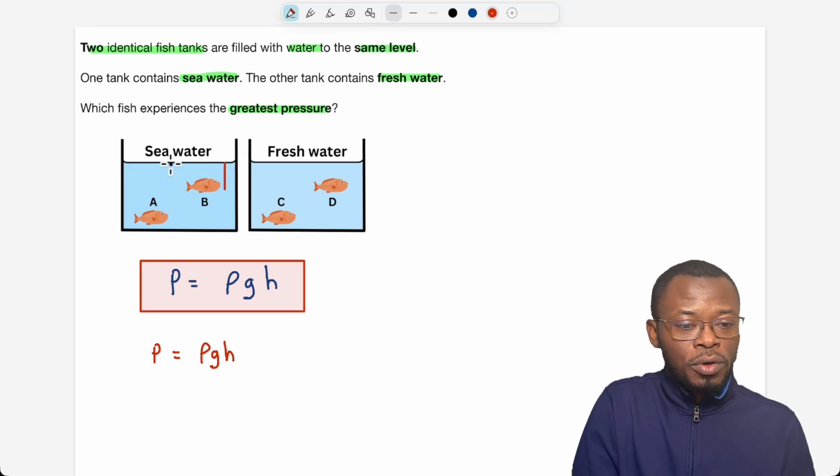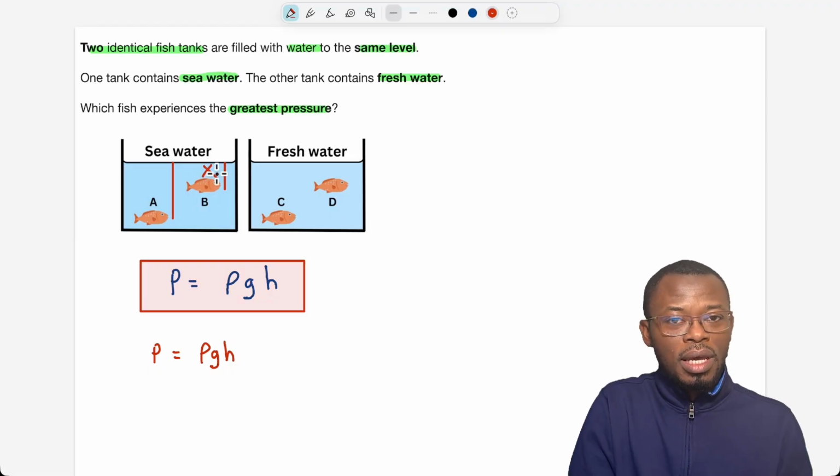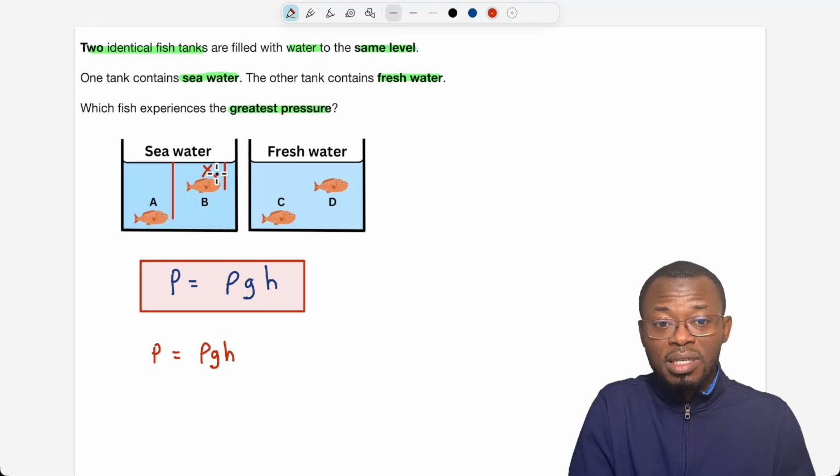And option A is from the surface all the way to this point. So this h_A is greater than h_B. Therefore, we can say option B is out of this problem, okay? And this is because the density is just the density of seawater.